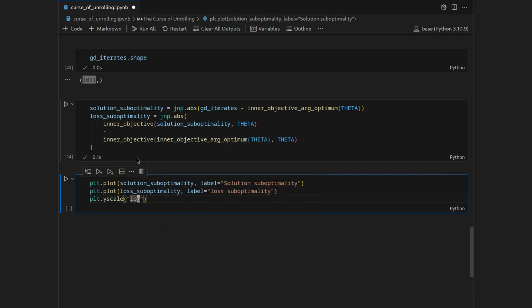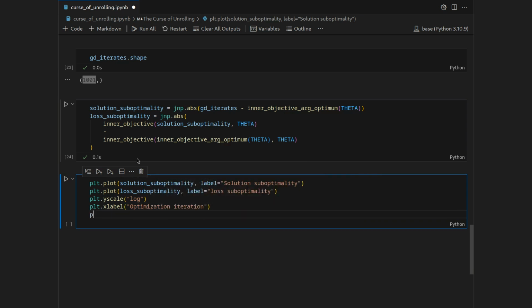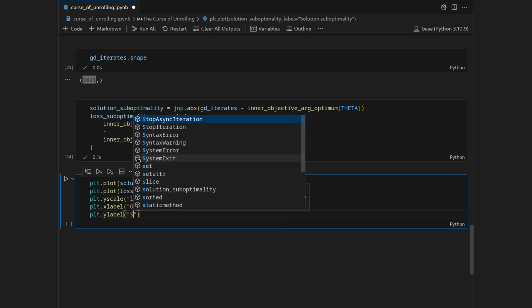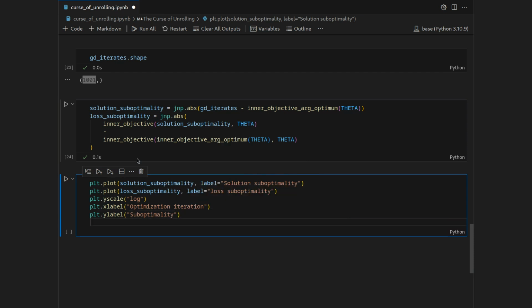Typically this is done with the y-scale logarithmic. Then let's attach a label to the x-axis, which shall be the optimization iteration, and a y label, which is the suboptimality, so an assessment of the convergence of the problem, and activate the legend as well as the grid.